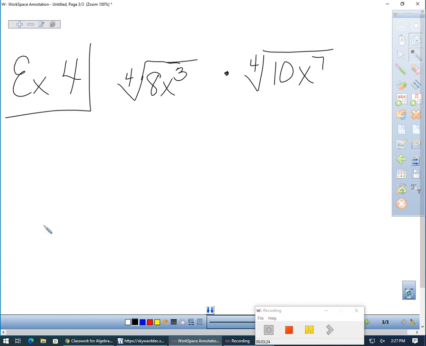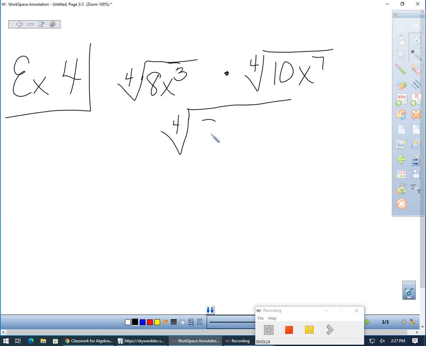All right, if we're going to multiply these together, we'd multiply the outsides. In this case, there's just one. So I have the 4th root. Make sure you have that 4 there. If you do not include the 4 on the outside, it's wrong. It's not a 4th root, right? It's a square root. Okay, multiplying your insides together.